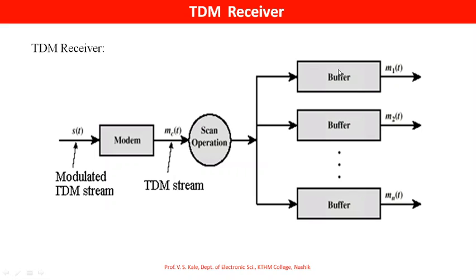So this is how signals are separated. These are given to the buffer. After separating the first signal, it will be stored in the buffer, that is M1T. The second signal is stored in this second buffer, that is M2T. So we receive the original signals after the buffer. So this is about the time division multiplexing receiver.